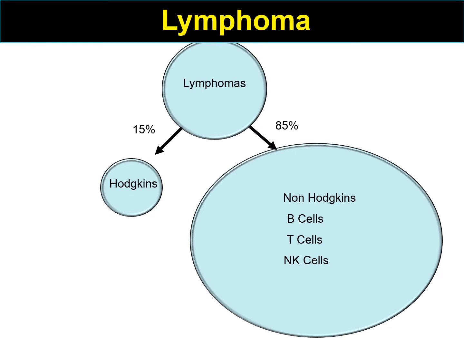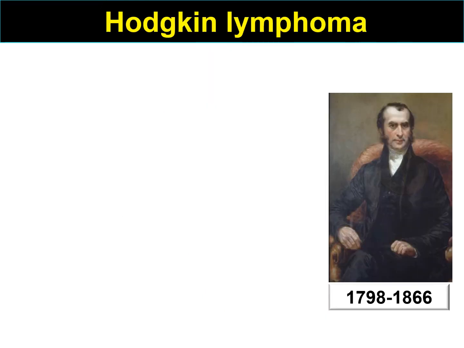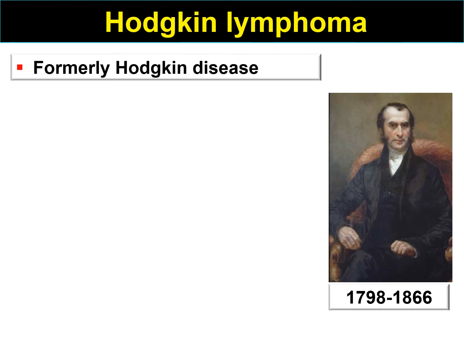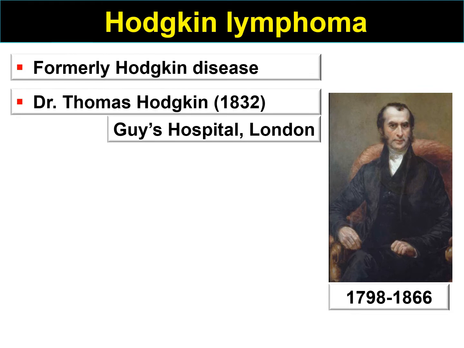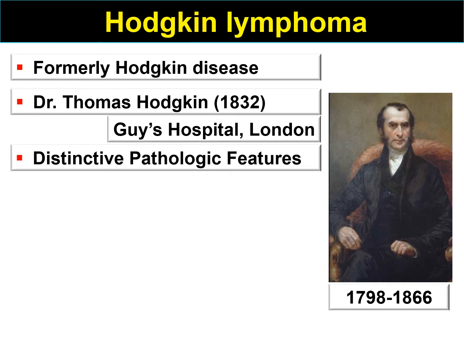The majority of the lymphomas are of the non-Hodgkin variety and include B cell tumors, T cell tumors and natural killer cell lymphomas, and only 15% of the lymphomas are of the Hodgkin variety. Hodgkin lymphoma was formerly known as Hodgkin disease, and it was first described by Dr. Thomas Hodgkin in 1832, who worked at Guy's Hospital, London.